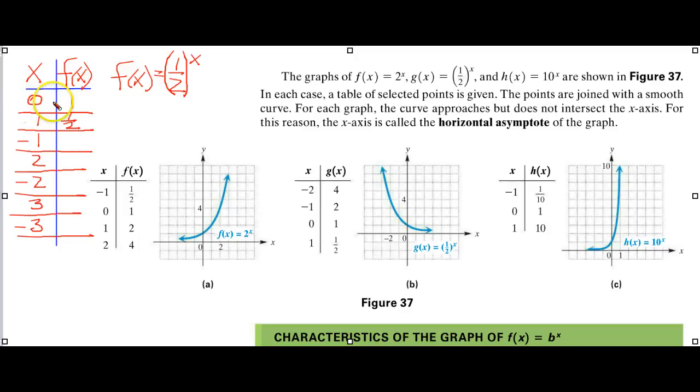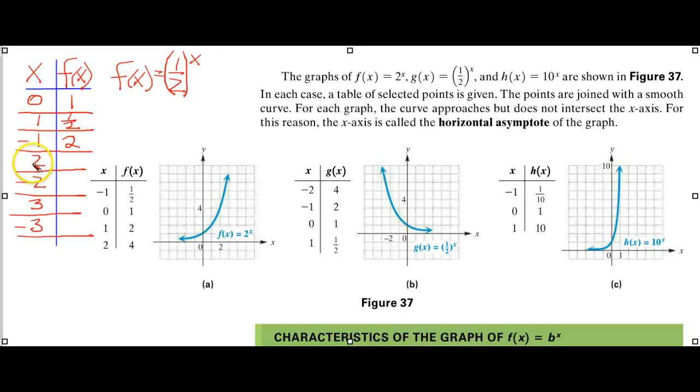So if our base is raised to the 0 power, anything to the 0 power is 1. And then 1/2 to the first power is 1/2. But how about if we put now there a -1? Well, just as we said before, it's now the reciprocal of this, so this is 2.